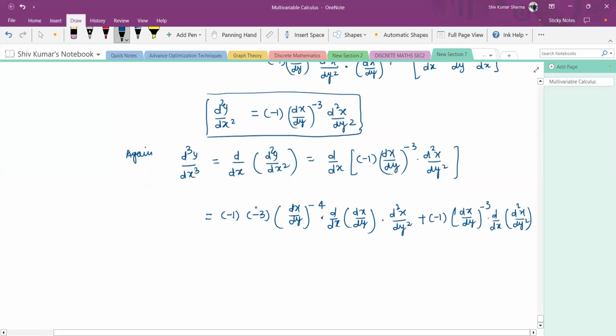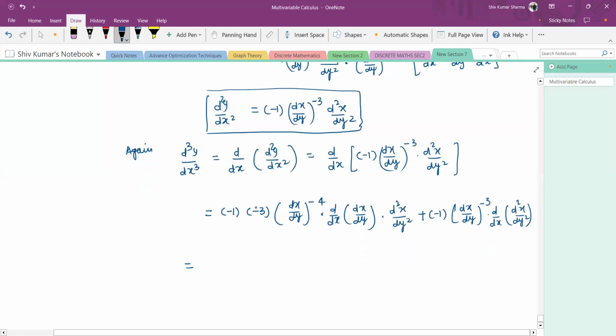Okay. So we write minus minus plus, so +3 (dx upon dy) raised to the power -4.